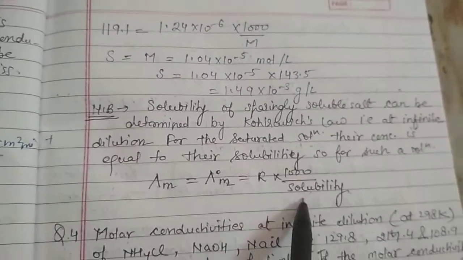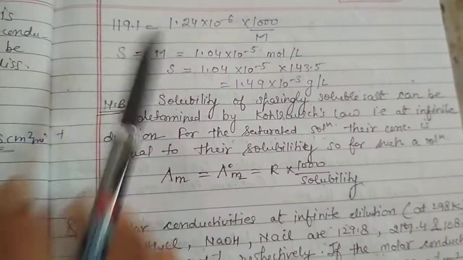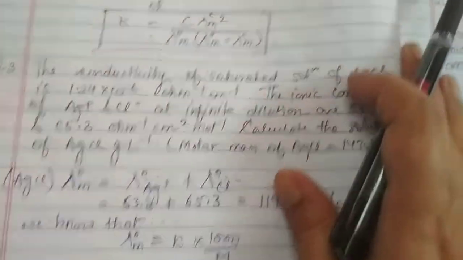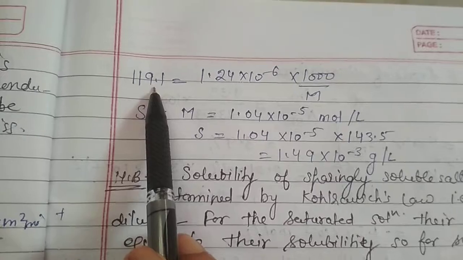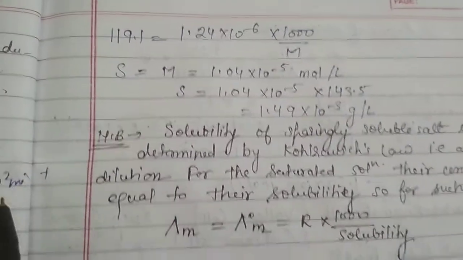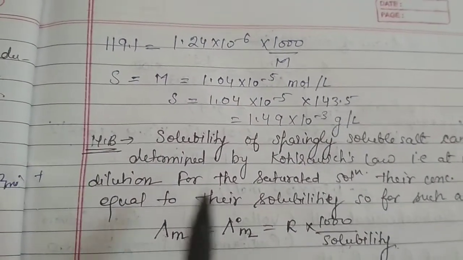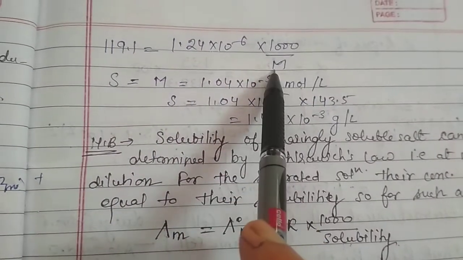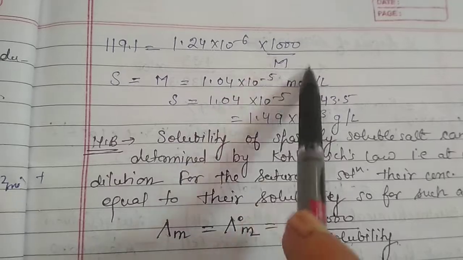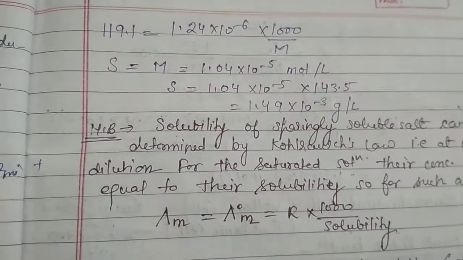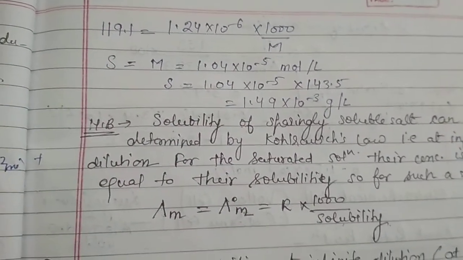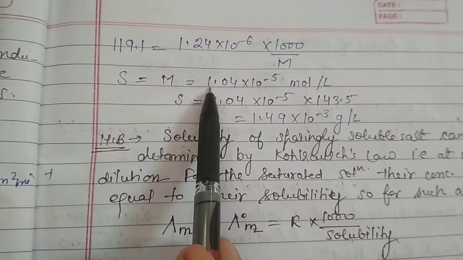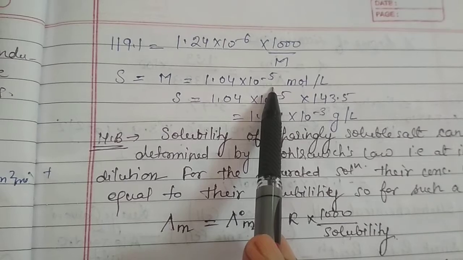So we can put this formula, and as we have calculated the value of λ°m for AgCl, it would be 119.1. In the formula we can consider λm as λ°m, and specific conductivity is given in the question, × 1000 upon M. M is the molarity, or written as solubility. So we have to calculate the solubility, that is the molarity here, which would be equal to 1.04 × 10^-5.